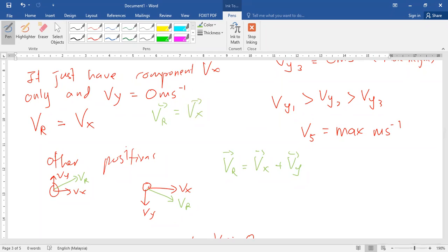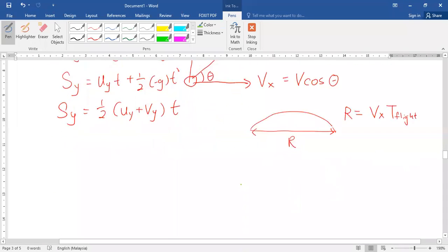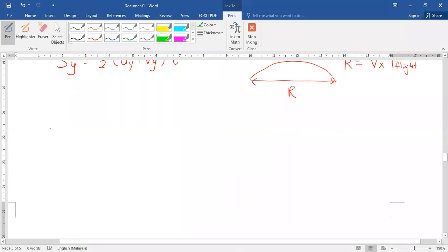Okay, ladies and gentlemen, for the next question, B. State two ways in which the ball could be made to travel further. So two ways. What is the method to make it travel further?